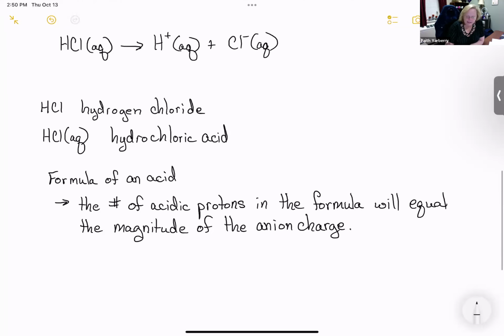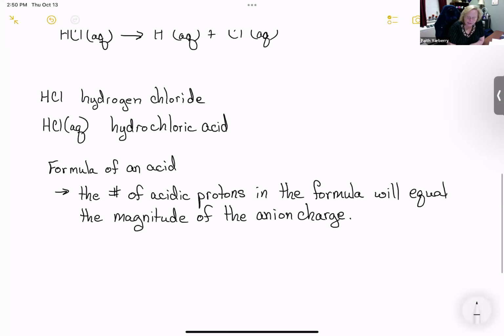When we talk about this anion, it doesn't matter whether it's an elemental anion or a polyatomic anion.